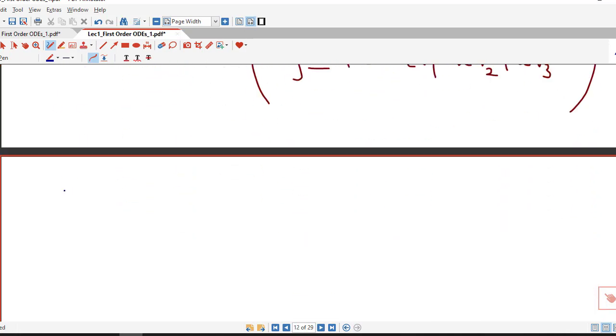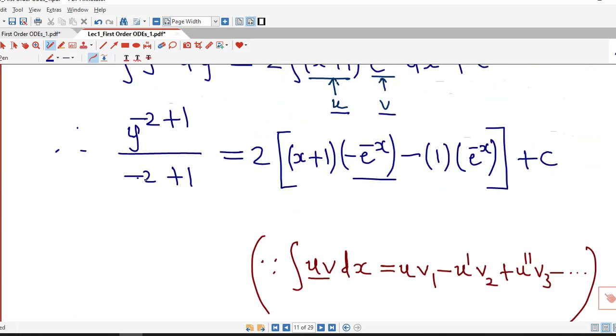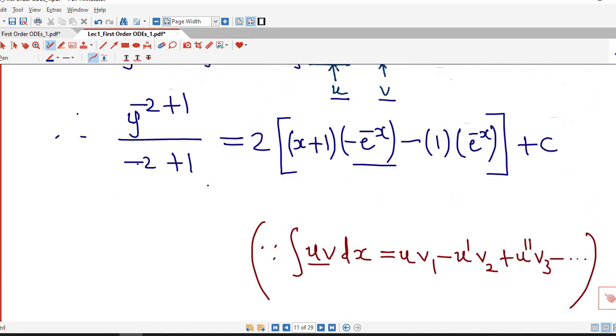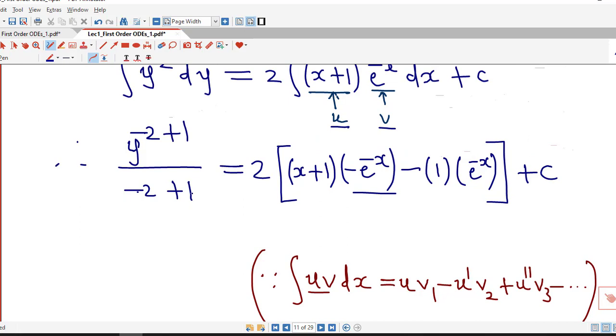Now we rewrite all these things. On the left hand side we have minus 2 plus 1, that is minus 1, and this is y raised to minus 1. And this is equal to, here we can take this minus e raised to minus x common.